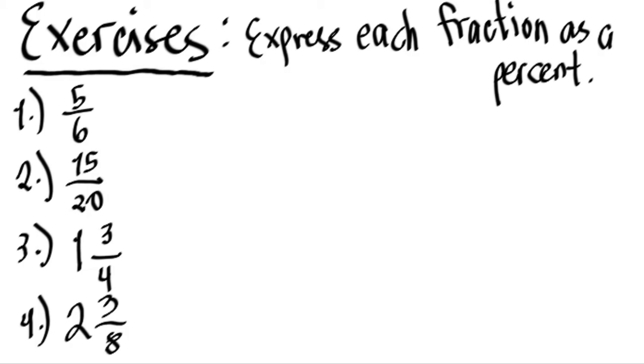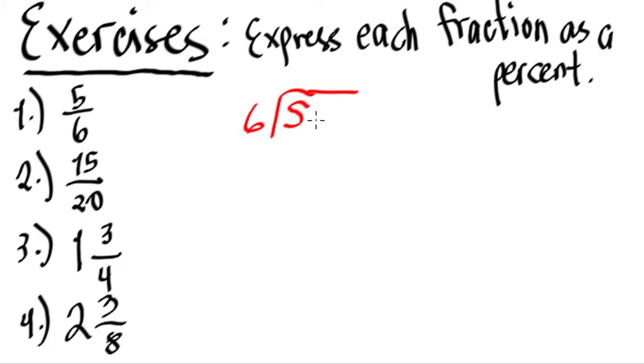I think you have the answers right now, so let's do it. For number 1, we need more space. We have 5 over 6, so let's do 5 divided by 6, my bad.